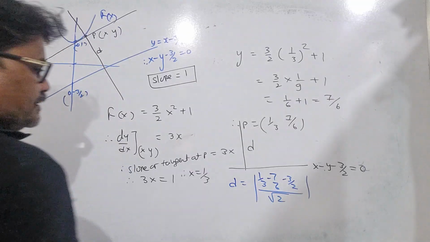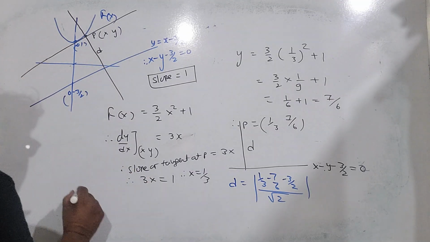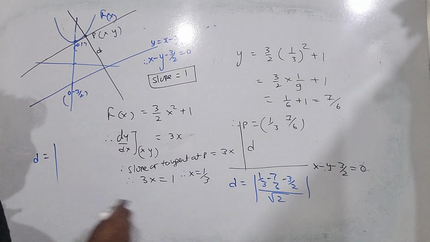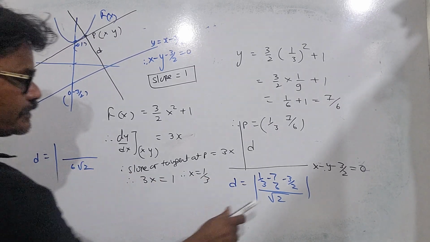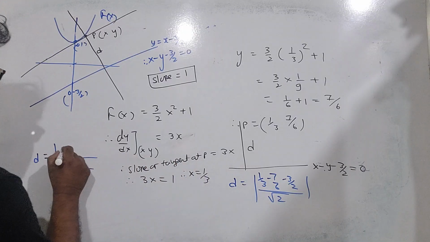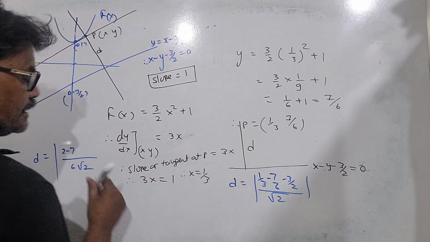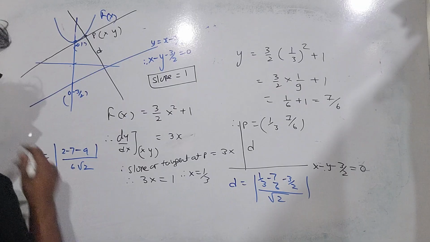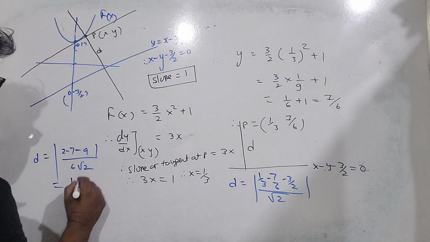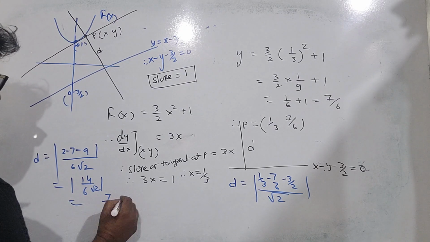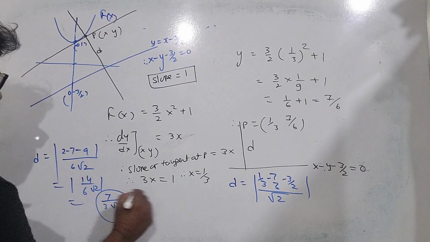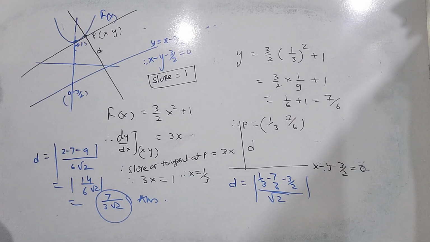So this is coming to be, over 6√2, that is 2 - 7 - 9, which is -14, so 14/(6√2), that is 7/(3√2). 7/(3√2) is your answer.